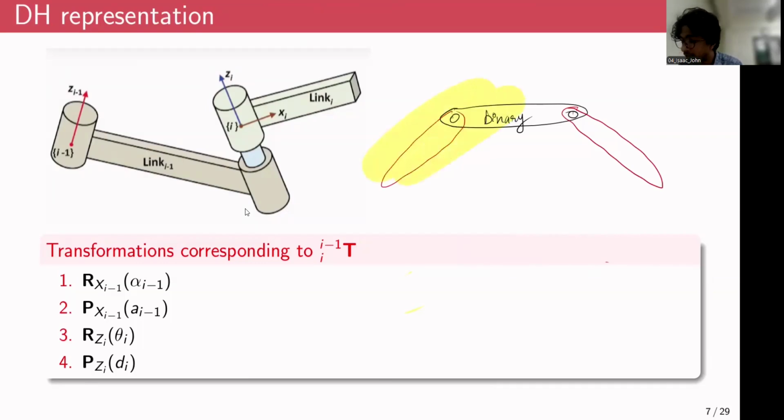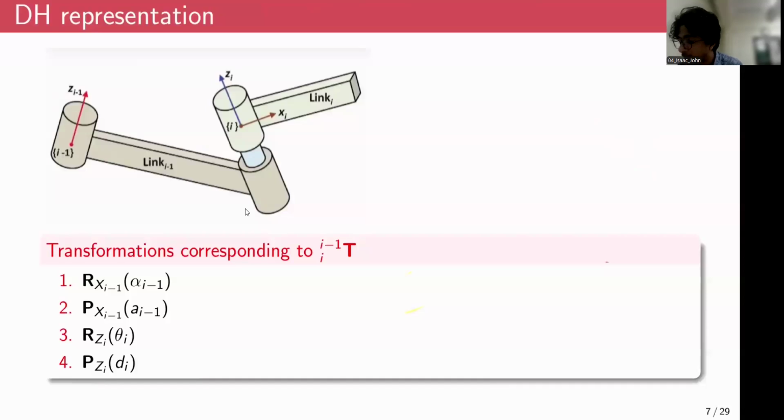So in case of a DH representation, what we do is, if you consider a rigid link like so, any rigid link from a robotic manipulator, there are two ends to the rigid link.